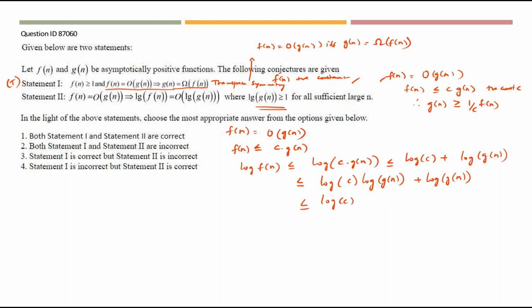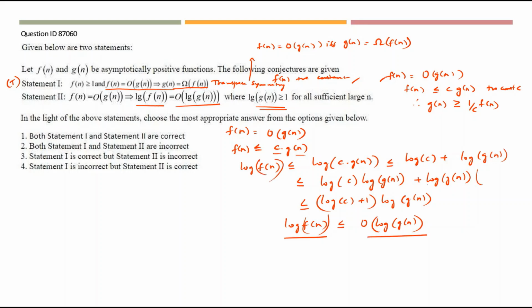So log of c plus 1 into log of g of n, which means log of f of n is less than or equal to, this is in the form of constant into log of g of n. Now here this is equivalent to this part and this is equivalent to this part.